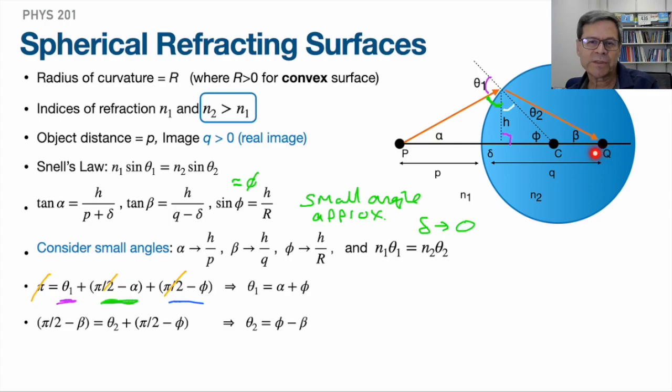So the sum of the interior angles has to add up to pi radians, right? So what have I got there? I have this white angle here, which I don't know what that is, except I know I have a right triangle for this interior angle here.